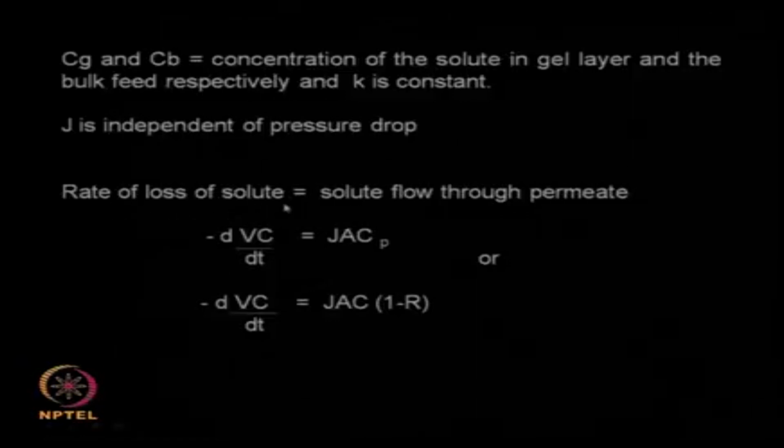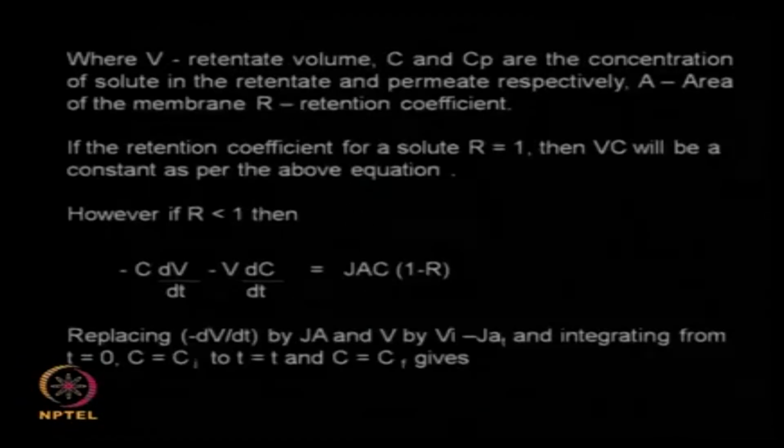Now rate of loss of solute will be equal to solute flow through the permeate. So what we have is d(Vc)/dt equal to J A Cp, or d(Vc)/dt equal to J A C (1 minus R), where V is your retentate volume, C and Cp are the concentration of the solute in the retentate and the permeate, A is the area of the membrane, and R is the retention coefficient.